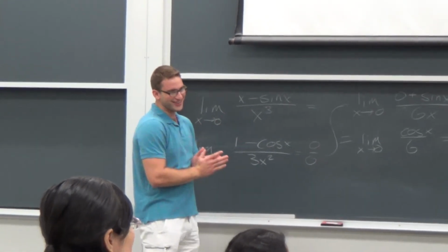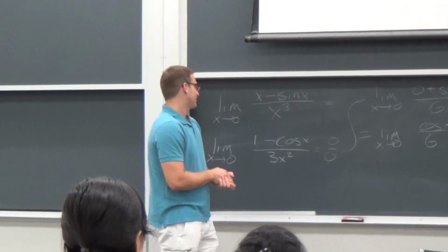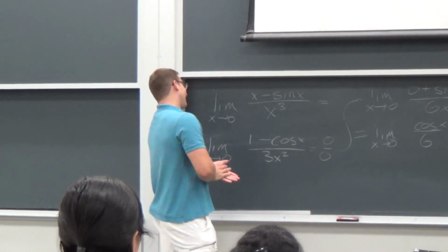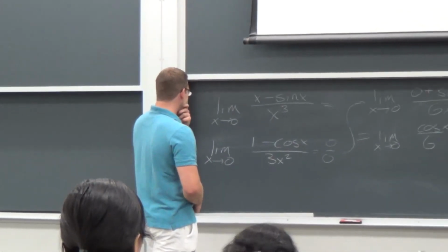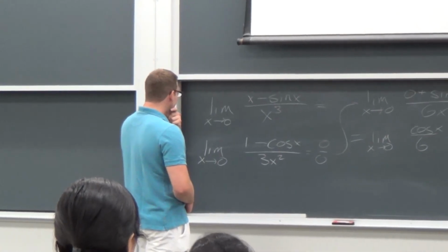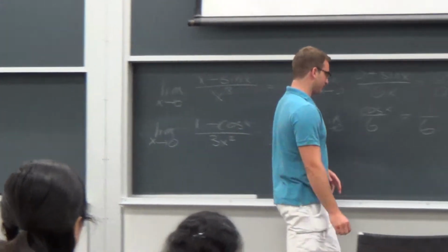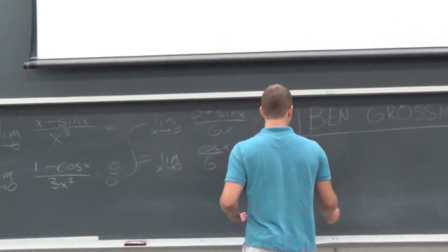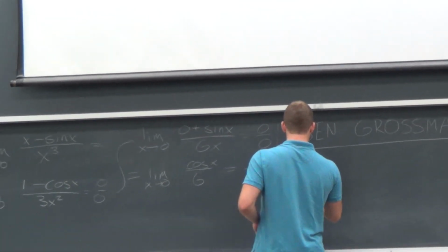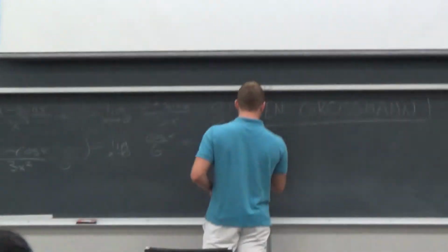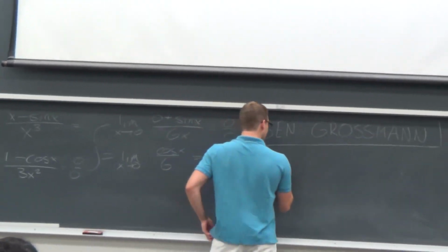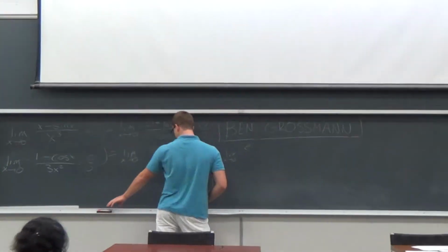What if you have cosine x over e to the x? Cosine x over e to the x. Actually, that's an easy L'Hopital problem, or maybe not. The limit as x approaches 0 of cosine x over e to the x.